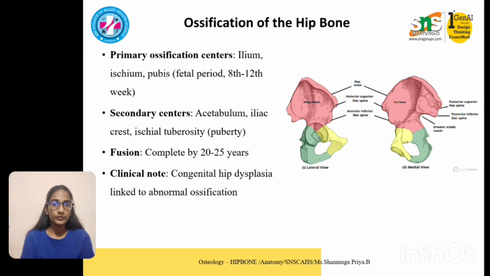During puberty, full fusion occurs at 20 to 25 years of age. Clinically, abnormal ossification can lead to congenital hip dysplasia, where the acetabulum doesn't form properly, affecting hip stability.